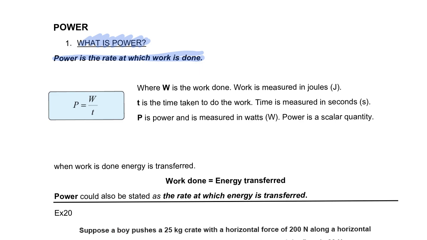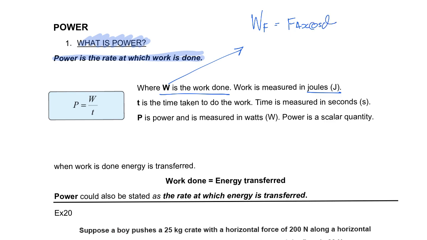Right? Our formula we use for power is P is equal to W over T, where W is the work done, and work is measured in joules. We know that. When we talk about the work done, we could be talking about WF, which is F delta X cos theta.